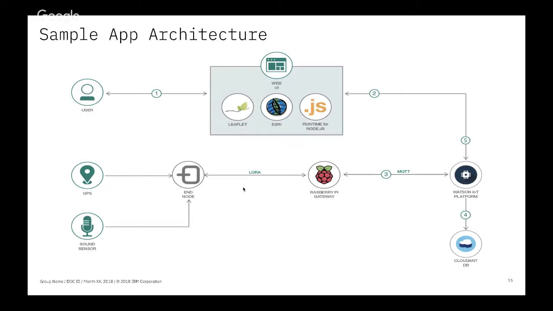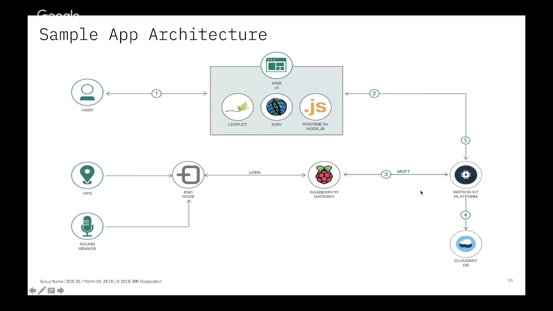In this case, our end nodes publish LoRa packets from the end node to a gateway. Then the gateway forwards everything to the Watson IoT platform using the MQTT messaging protocol. And if you don't have MQTT installed, then HTTP works as well.